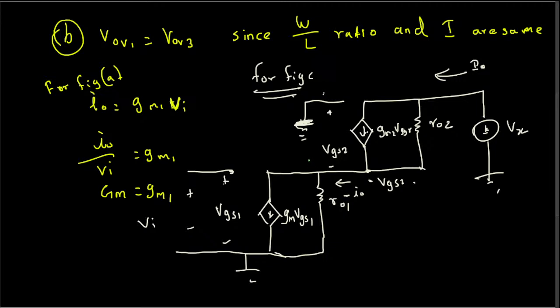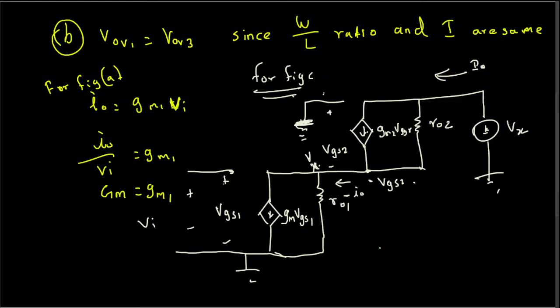And the voltage right here is Vx. If the voltage here is negative VGS2, it is going to be exactly the same voltage right here, negative VGS2 as well. That's one thing you have to know.